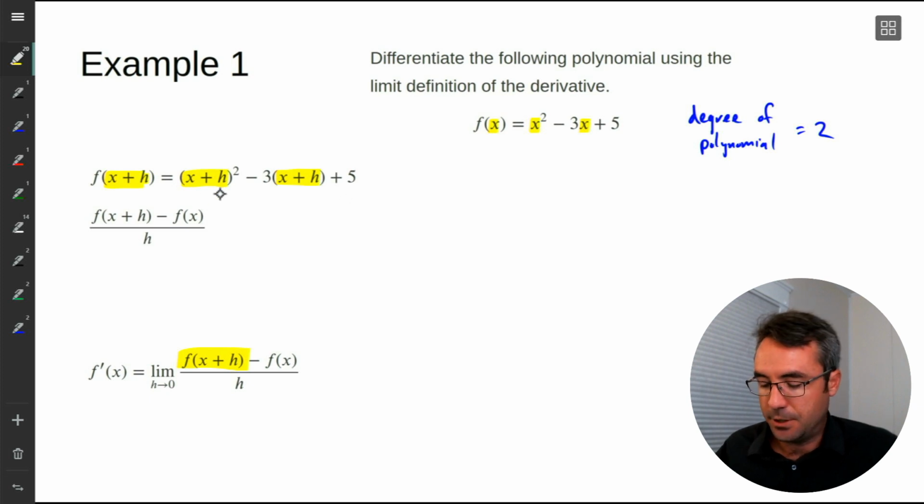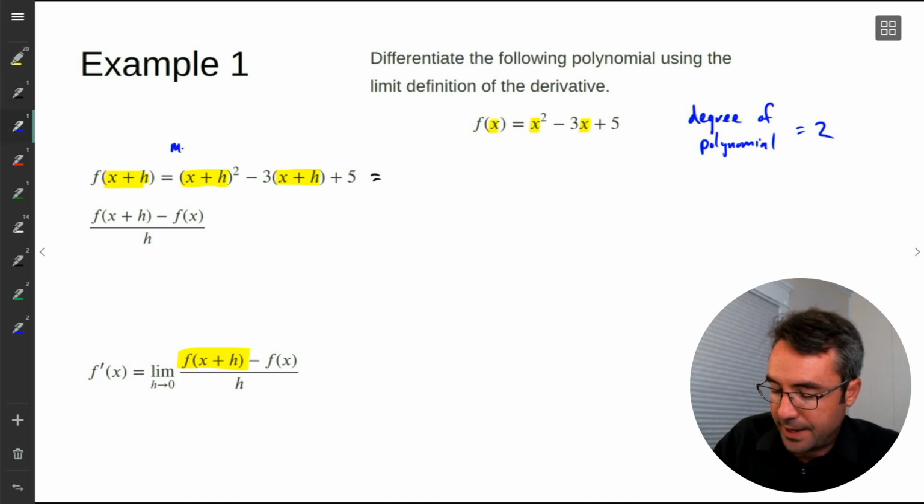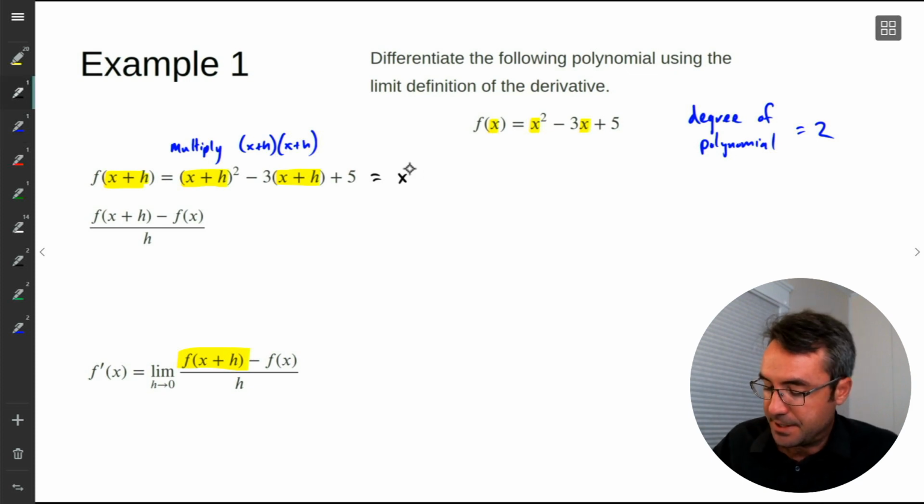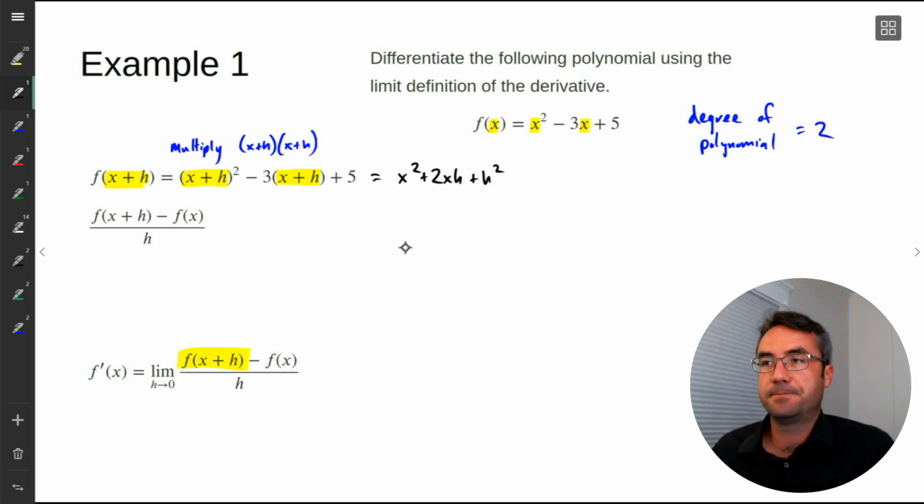So x plus h squared, multiply that out, and we would use FOIL for that. You could think of it as x plus h times x plus h, written as a product. And what we get is x squared plus 2xh plus h squared.